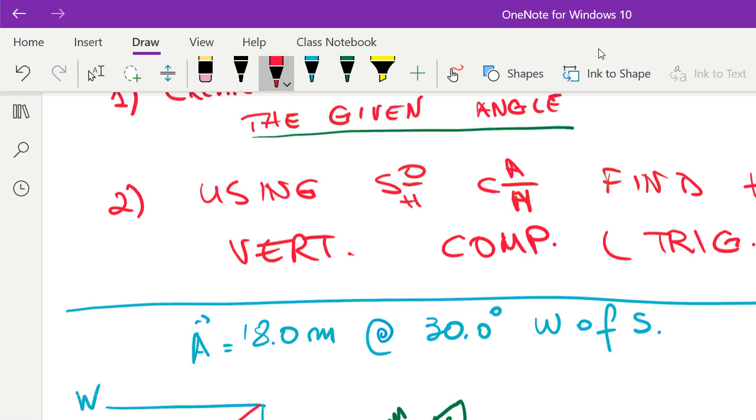So from a physics question, now it has turned into: we will find the horizontal and the vertical component, or we will find the two sides of a right angle triangle.